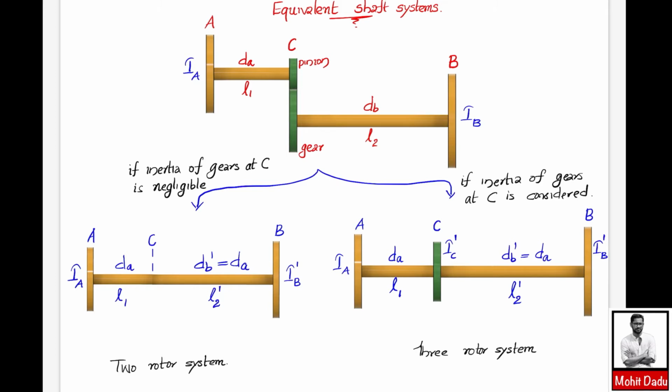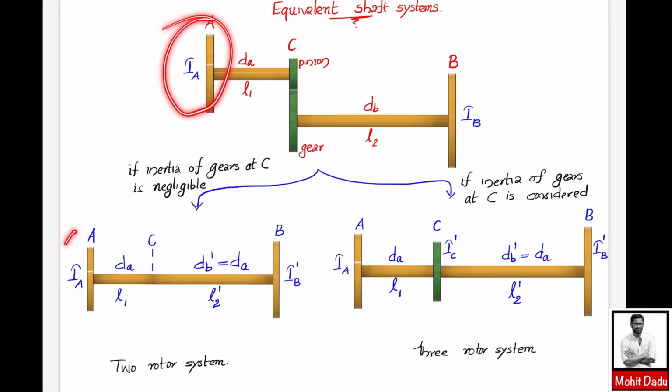The other case is that you can convert this geared system into a 3 rotor system, and that happens when the mass moment of inertia of these gear elements, that is the pinion and gear, is comparable with the mass moment of inertia of the other rotors A and B. In such a case you can convert this geared system into a 3 rotor system, and here also the first part is maintained as such, where the diameter is dA, the length is L1 and the mass moment of inertia is IA.